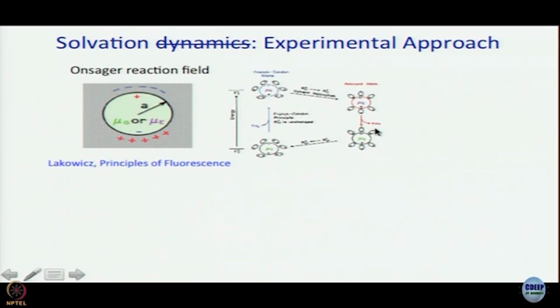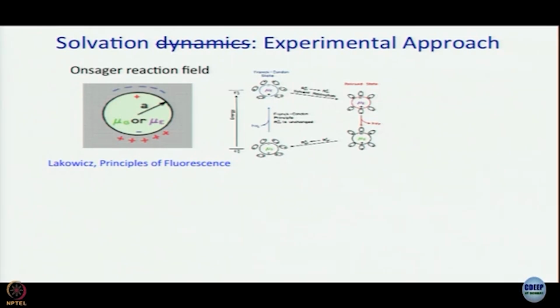So, what will happen if you look at absorption spectrum and emission spectrum? You record absorption spectrum and you record emission spectrum. If you go to a more polar solvent, then stabilization will be greater. So, the Stokes shift between absorption and emission is going to be larger, right.